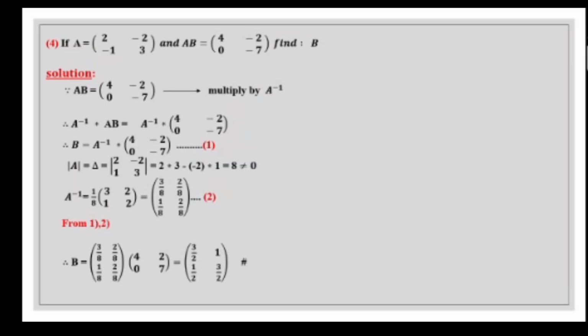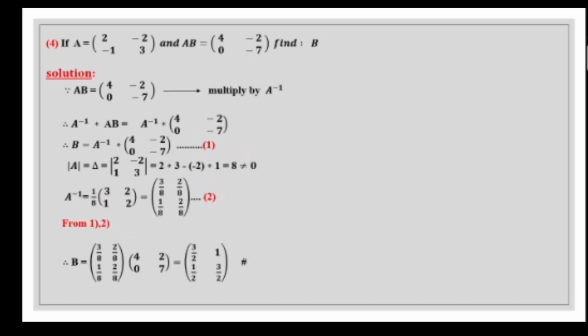Since AB equals the matrix 4, negative 2 and 0, negative 7, multiply both sides by the multiplicative inverse of the matrix A. Therefore, A negative 1 times AB equals A negative 1 multiplied by 4, negative 2 and 0, negative 7. Therefore, the matrix B equals A negative 1 multiplied by 4, negative 2 and 0, negative 7. That's equation number 1.